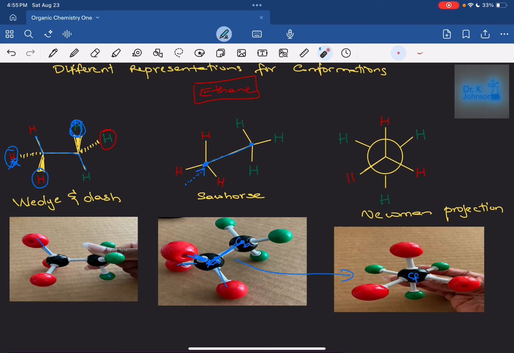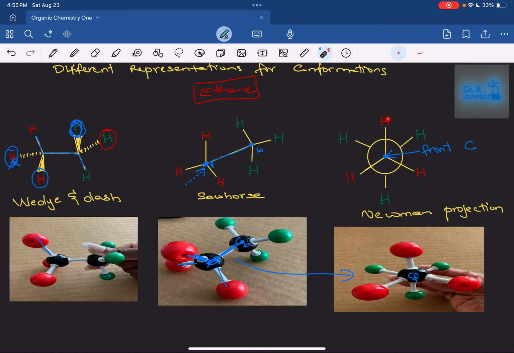This is the front carbon, this is the back carbon. Always remember the front carbon is bonded to the back carbon. Your front carbon is right where the three bonds meet here in the front. These three bonds, wherever they meet, that's your front carbon. If you look at the front carbon, it has one hydrogen pointing straight up.